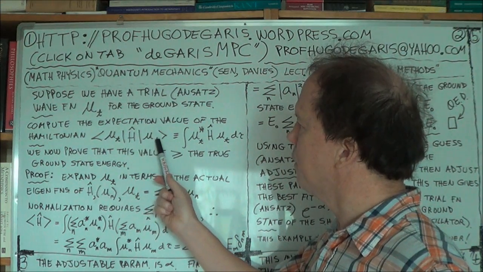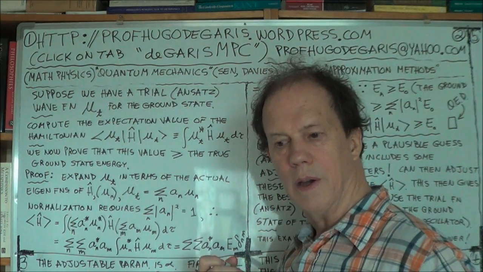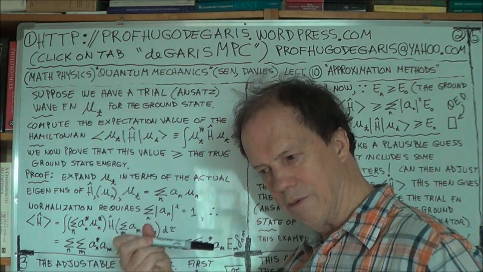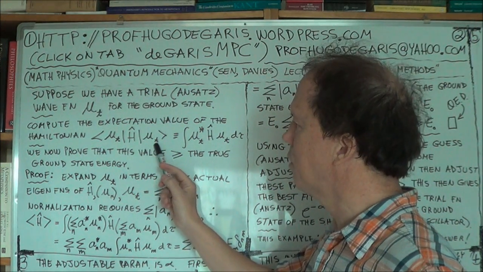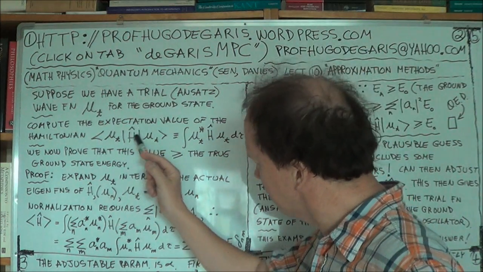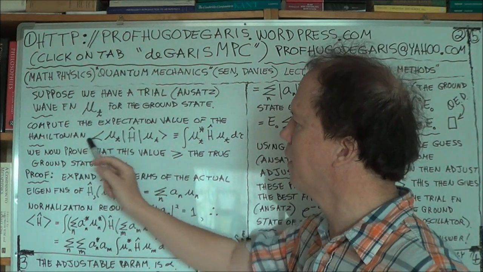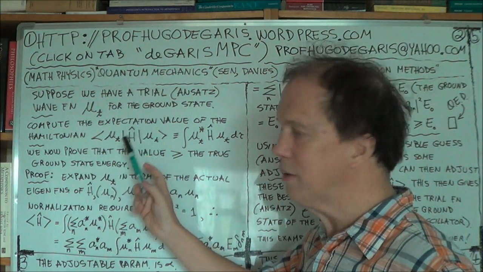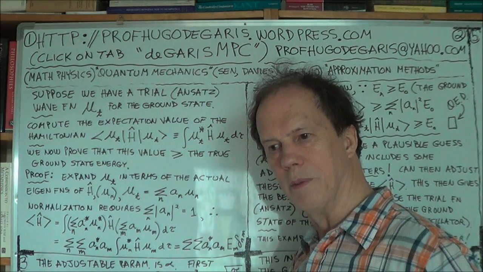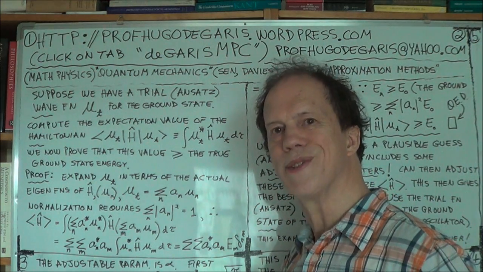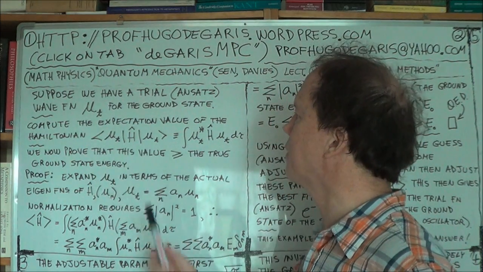Now, if this were U0, the lowest eigenstate, whose eigenvalue is the lowest energy, E0, then H U naught would be E naught U naught. So the E naught would be a constant that would come out, and then you've got U naught U naught. Well, that's just one because the eigenfunctions of the Hamiltonian are an orthonormal set. So the bra-ket will give you just one, and you're just left with E naught outside.